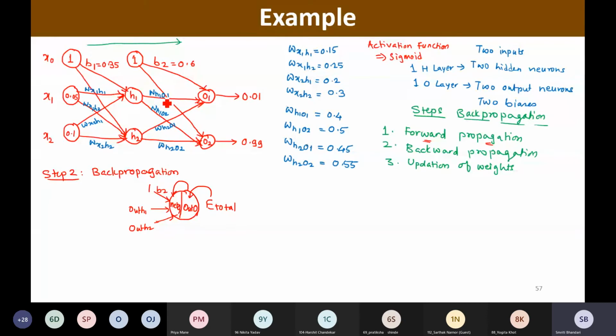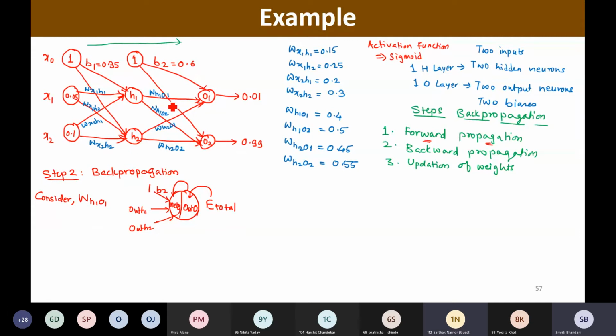So consider this WH1O1, and we would like to update this weight. Every weight we need to update, but for understanding, we are demonstrating here the process how this weight gets updated. So similar procedure needs to be applied for updating all the weights. Okay, so let us consider now this weight WH1O1.